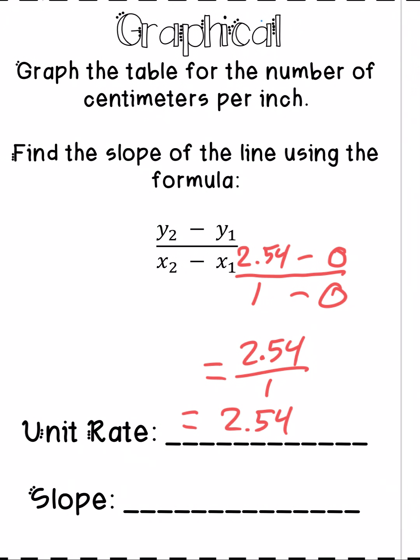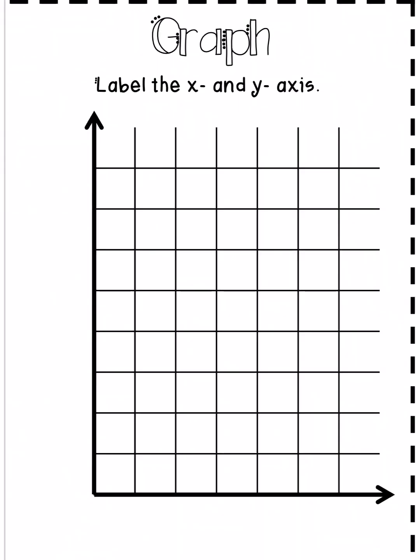Now let's think back to 7th grade, where we learned that the unit rate is also the slope of the graph. So our slope is 2.54. We said that our x is inches and our y is centimeters.